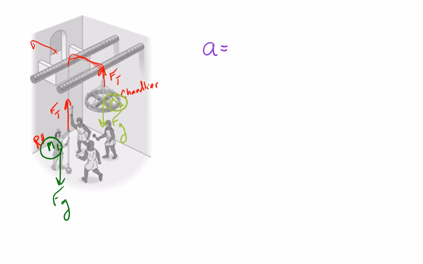We did this for our Atwood's machine lab. It's equal to gravity times the difference in their masses, so it's going to be mass number 2 minus mass number 1. In essence, it's the difference between the force of gravity on these two objects that's causing a net force on these objects, but it's accelerating the total mass.